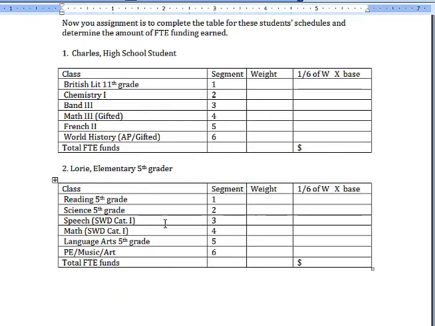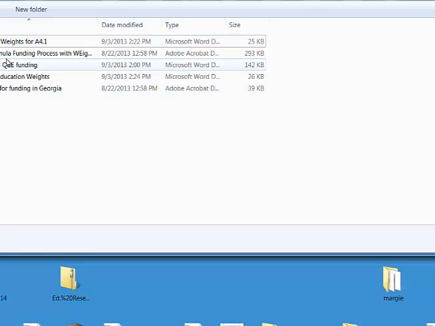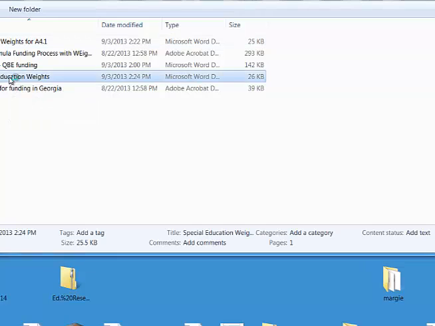Now for Lori, an elementary school student, now everything's different except she has a disability category 1, and that would be under, I've got a place where you can find those categories, and it's in this chart right here. Let me bring that up. And it's called special education weights. Here's the special education weights right here.